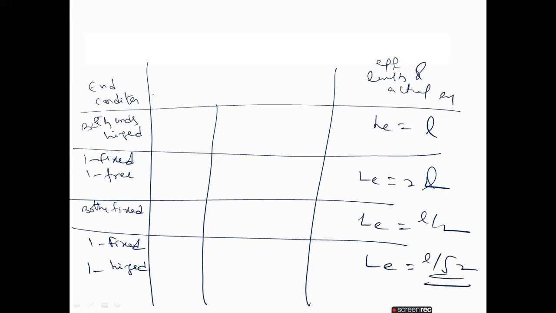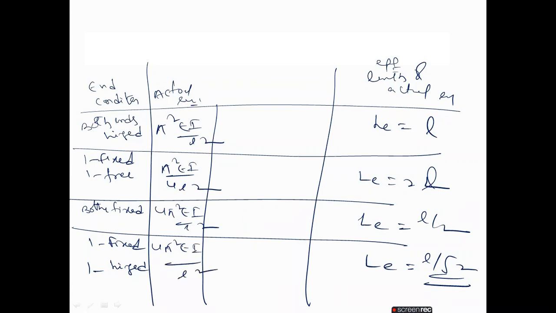We already know the crippling load for these conditions, which we calculated until now by using the derivations: π²EI by L², π²EI by 4L², 4π²EI by L², and 4π²EI by L². So these are the conditions.